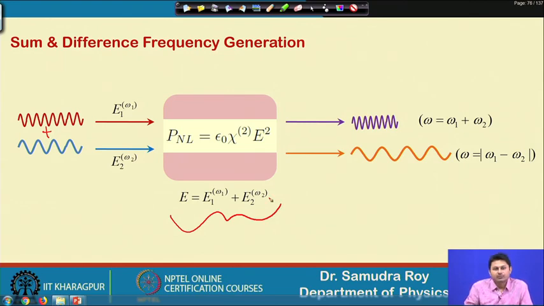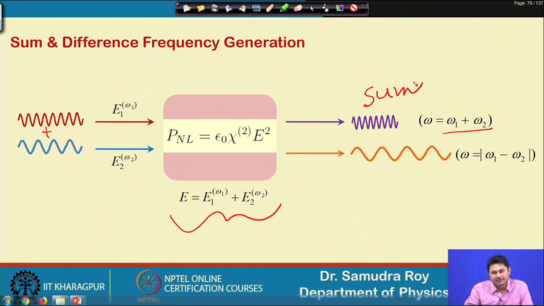Now, if these two electric fields having two different frequency components are inside the medium, they will interact with themselves, they will couple by this E squared term, and this coupling gives rise to two other frequencies. One is called the sum frequency.